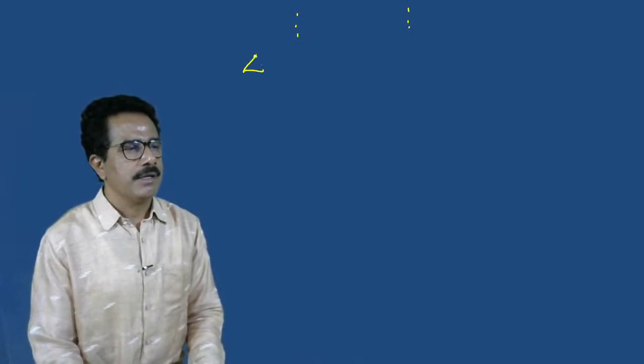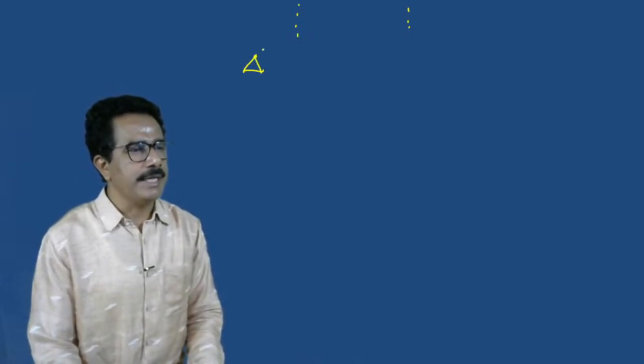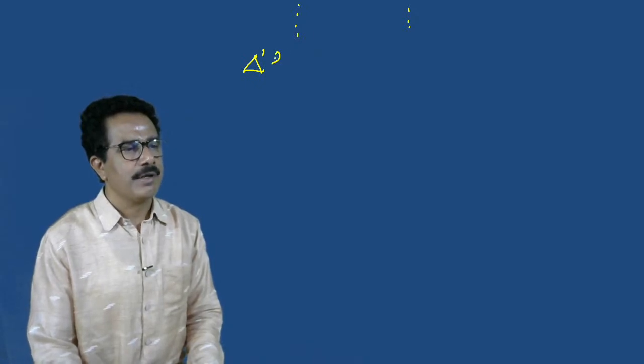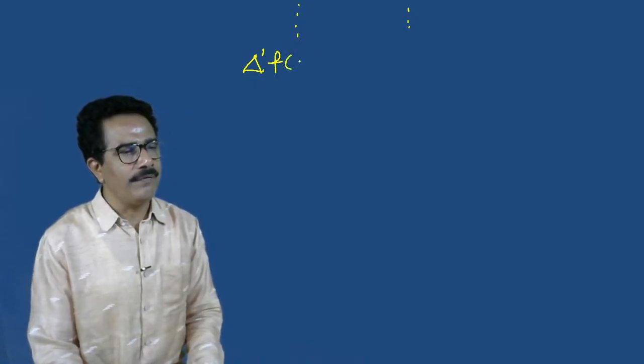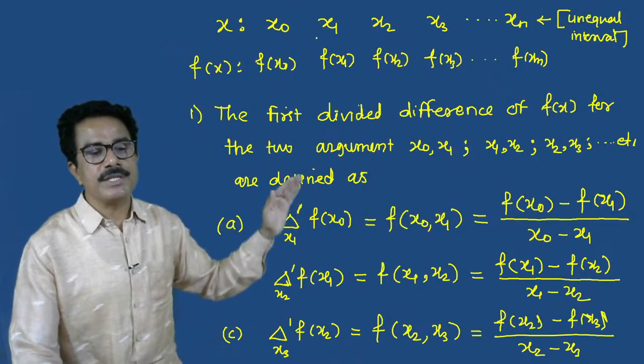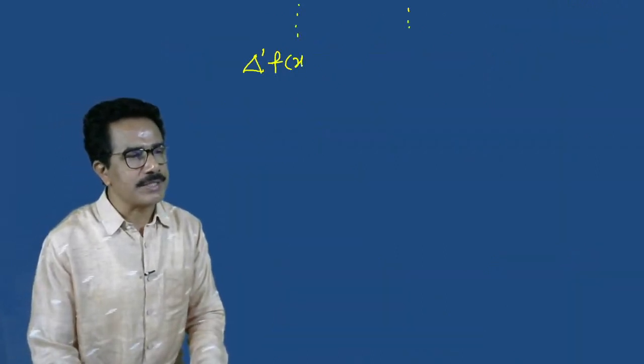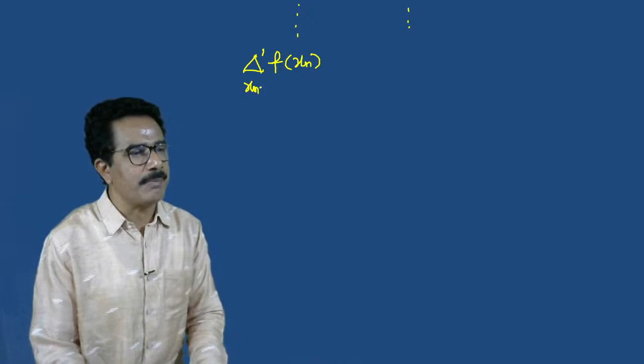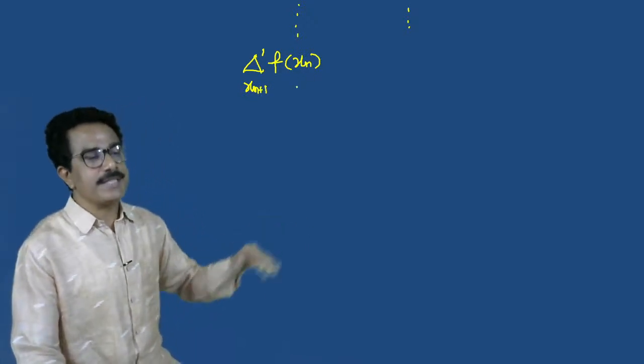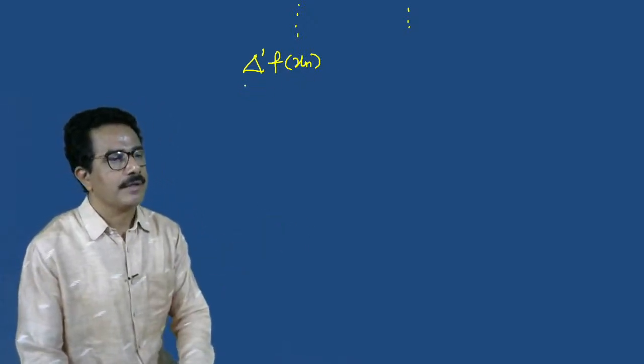So in this way we can obtain the first divided difference, dot dot dot, delta dash of f of, see this, x0 then x1, so we can write f of xn over xn plus 1. If we take f of xn here, then here we have to take f of xn plus 1.